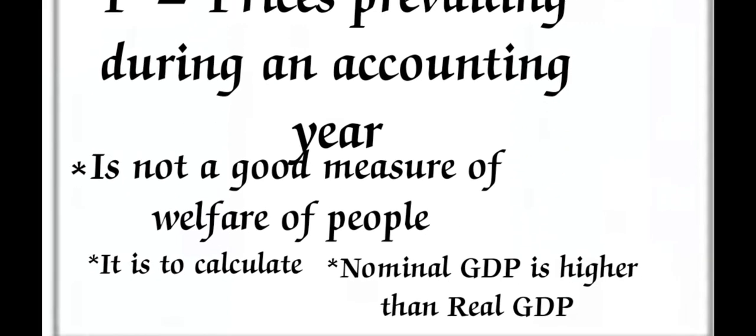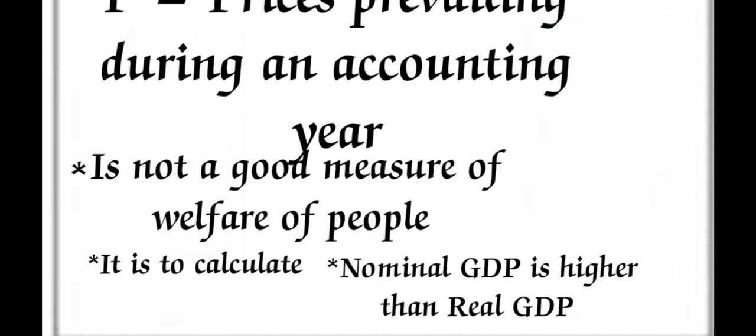Next important point: it is not a good measure of the welfare of the people. And the next one, it is very easy to calculate current prices, that is, nominal GDP. Nominal GDP is higher than the real GDP, because in constant prices we take one base year, and with that we get the real GDP.